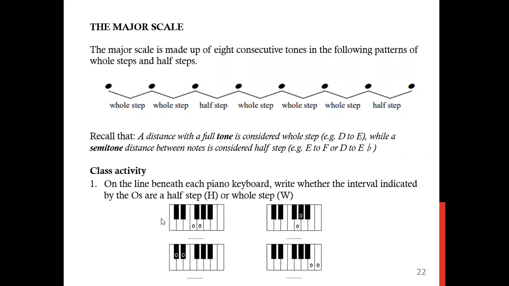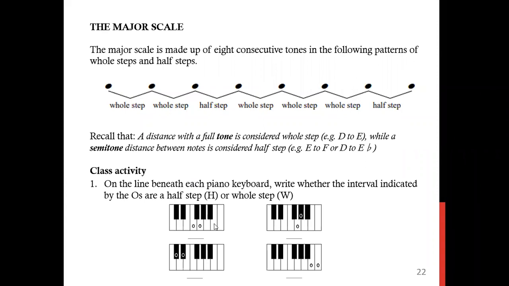Take your pen and paper and tell me the answer to the first one. Write it down. The answer to the second one. You are looking at 4 keyboards, okay? On the line beneath each piano, you don't need to draw a piano.